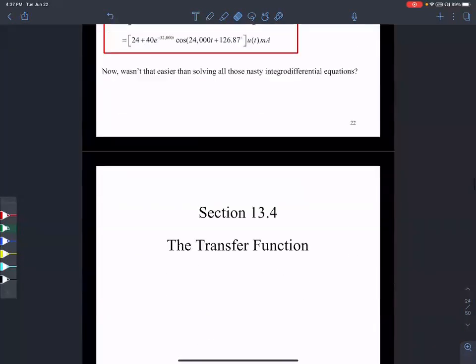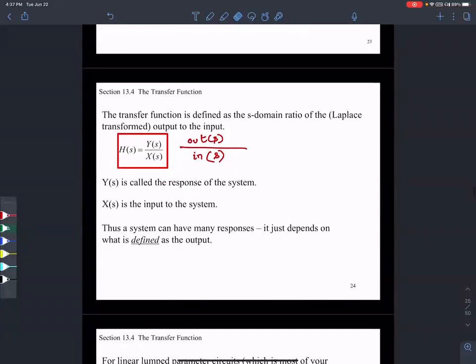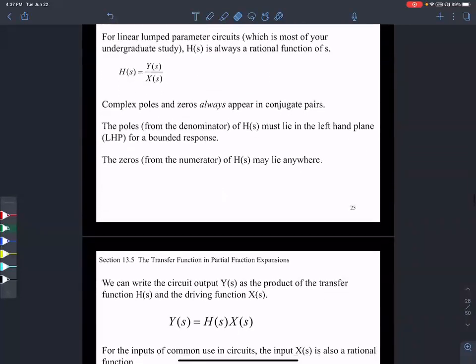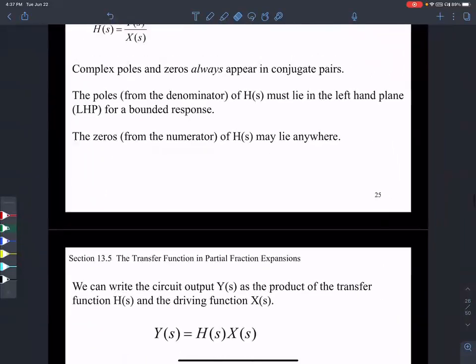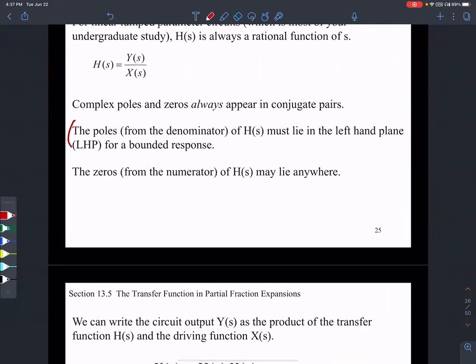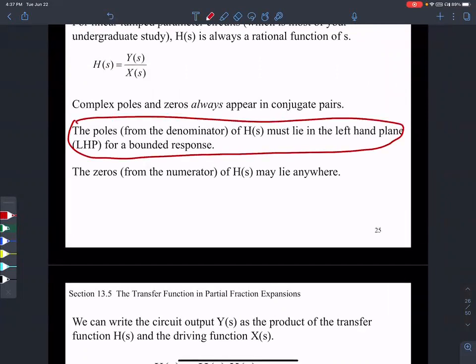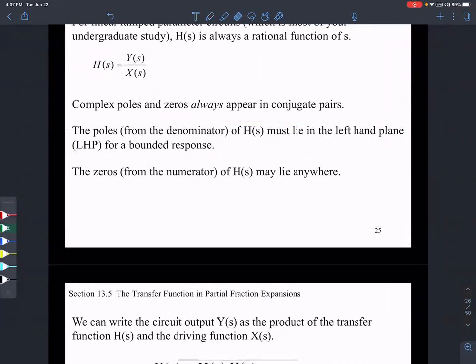So the transfer function is simply output over input. That's the definition of the transfer function. The poles of the denominator of H of s must lie in the left half plane for a bounded response, for stability considerations. If not, there may be an unstable situation.